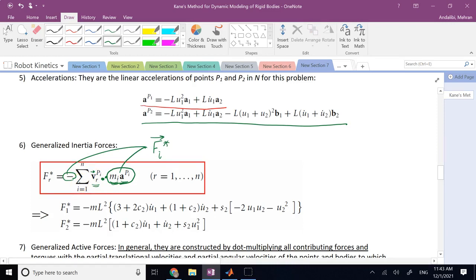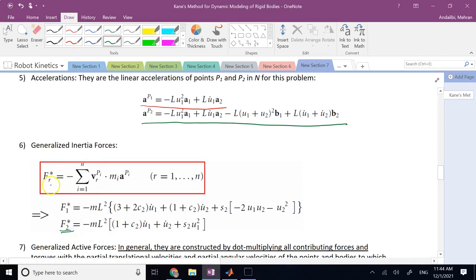That gives you F star R. And there are two of these F star R's, one for R of 1, one for R of 2, and if you expand it, you should get these two terms for F star 1 and F star 2. Let me show you one of them at least, so you know how these terms are calculated. So let's say F star 2. How do I calculate F star 2?